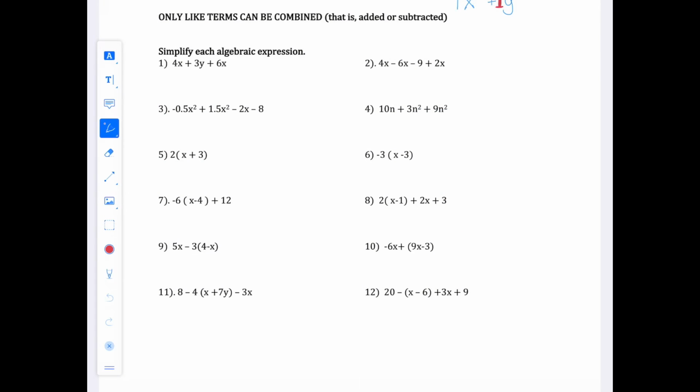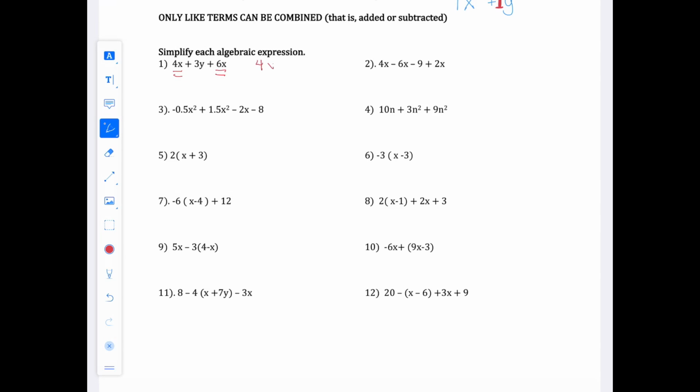So here we're going to do some simplifying when we've got multiple terms. By doing that, we mean we can combine any of the like terms. So let's look at example 1. We have 4x plus 3y plus 6x. Identify which terms are the like terms. Yes, 4x and 6x.